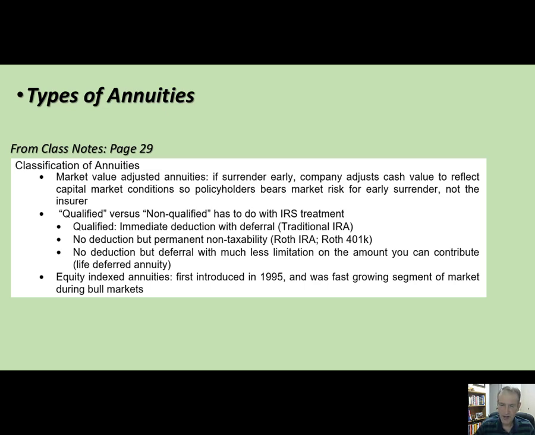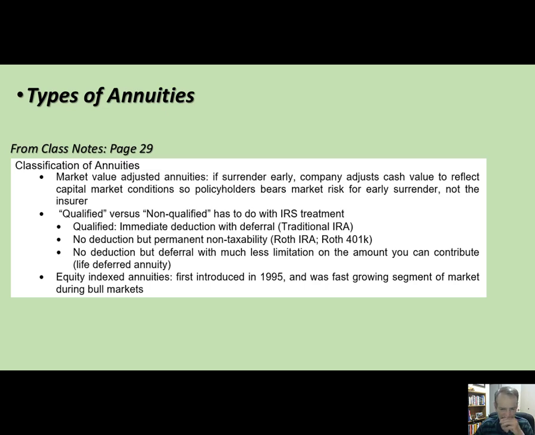Rating agencies are very concerned that life insurance companies will have what we call a run on the bank. That is, a lot of policyholders want their money out at one time, maybe because interest rates are higher somewhere else. So with a market value adjusted annuity, regulators and rating agencies say, if you have that, then we're not as worried about you going insolvent than if you didn't have that.